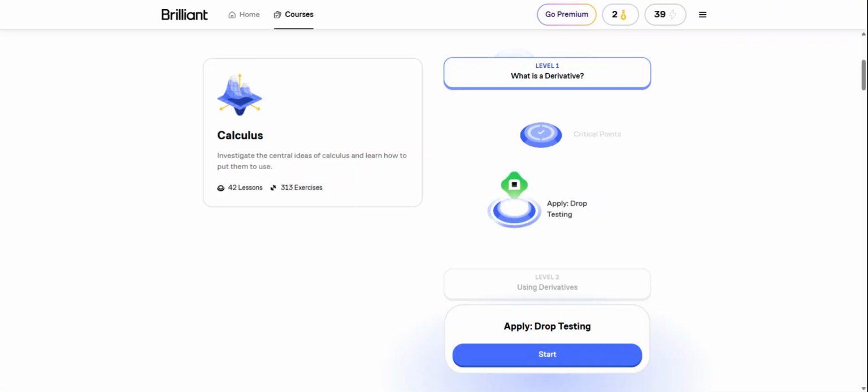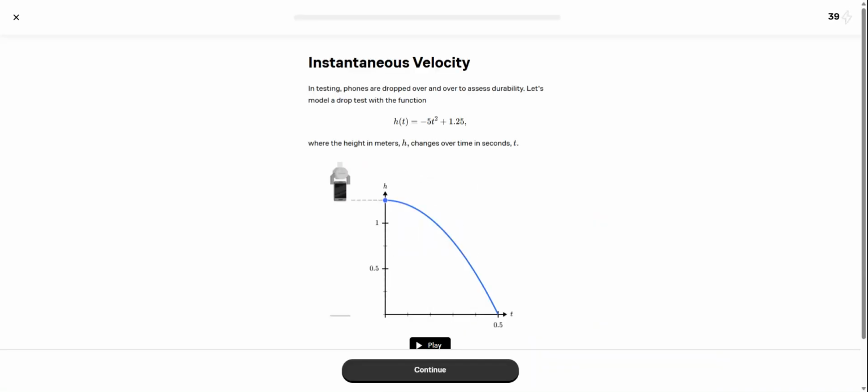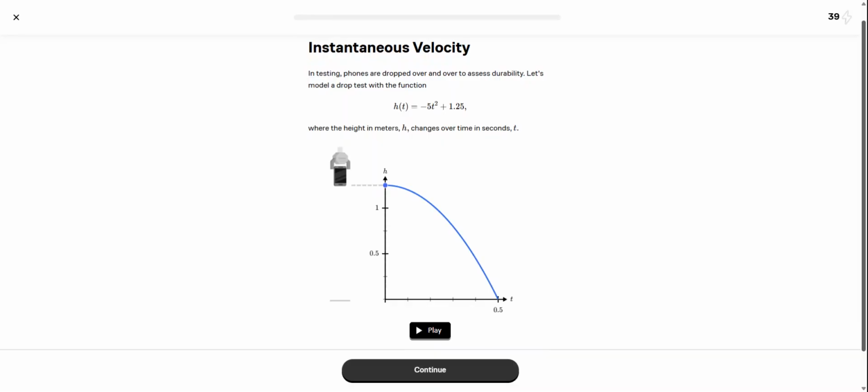What is the derivative? In this exercise, apply. Drop testing is the exercise we're going to walk through today. So I'll click start. Alright, there we go.